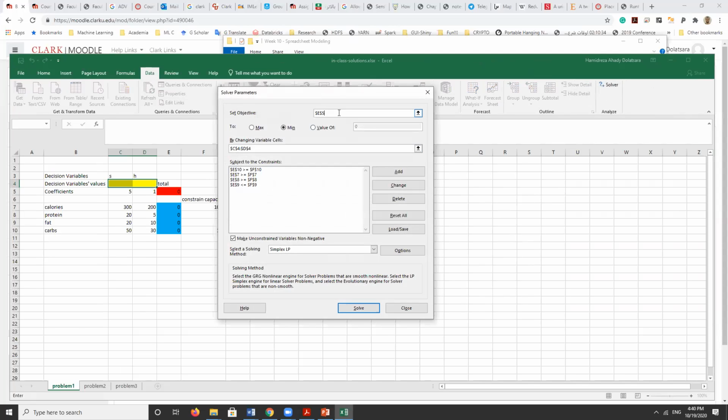Actually, 4 or 5. Let's just do it one by one. First, you say my objective function cell. Look here, E5, the red cell. Then the decision variables, the yellow ones. Here, I'm saying my decision variables are everything between C4 and D4.